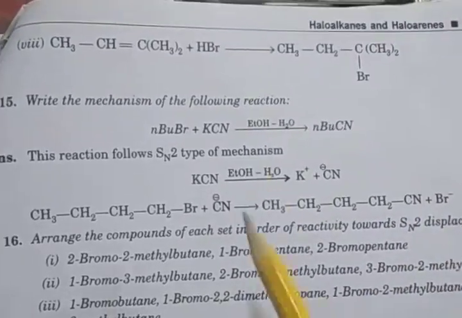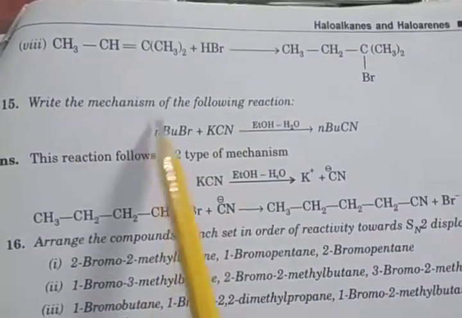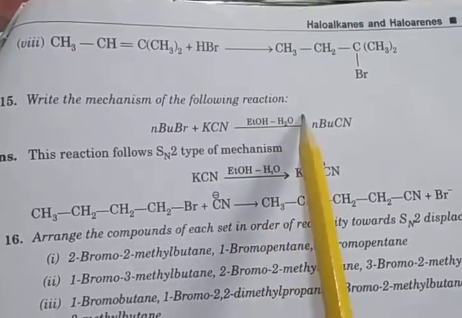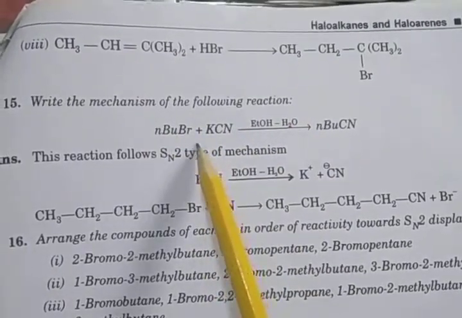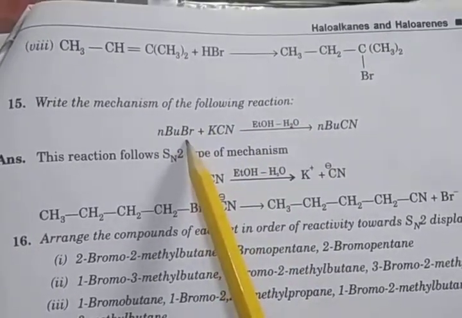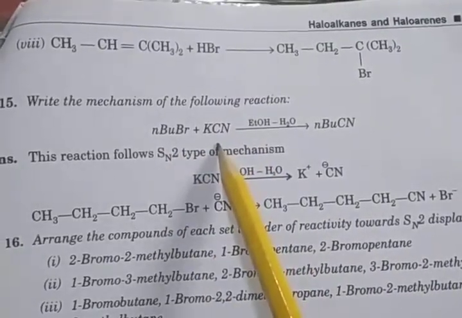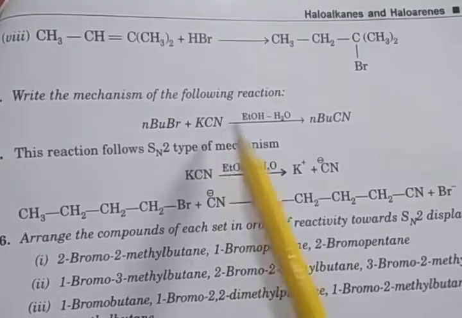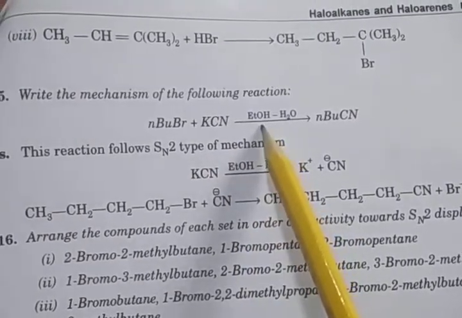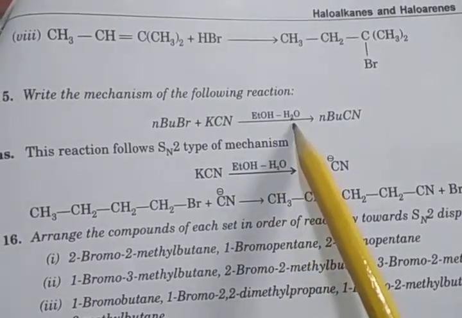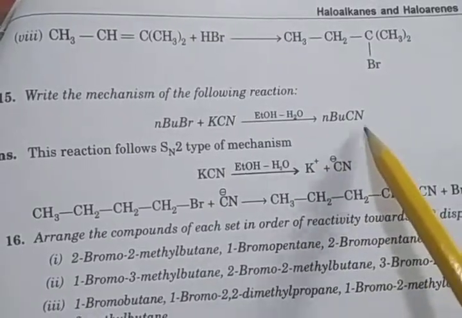Then question number 15, write the mechanism of the following reaction: n-BuBr plus KCN. Bu means butyl. Butyl bromide reacts with potassium cyanide in the presence of ethanol and H2O to form n-BuCN, butyl cyanide.